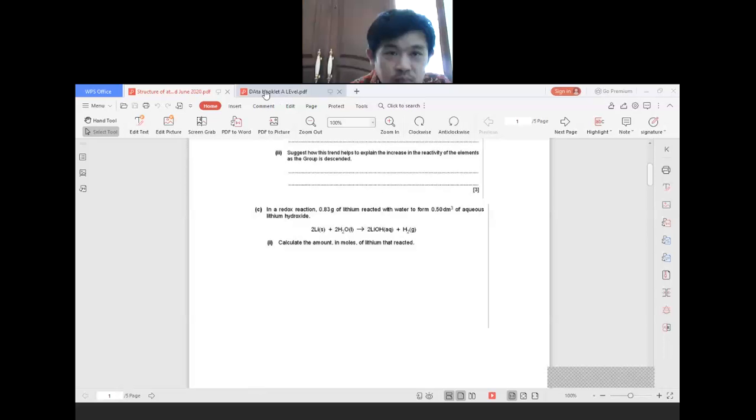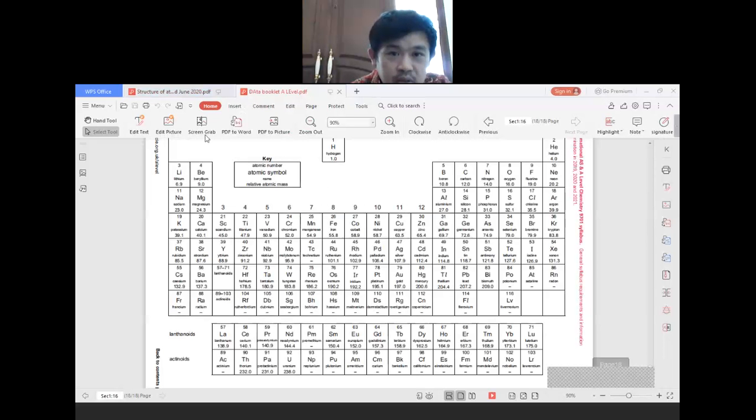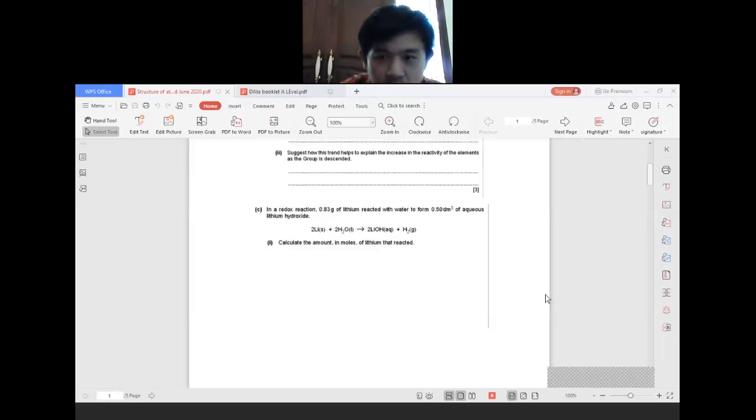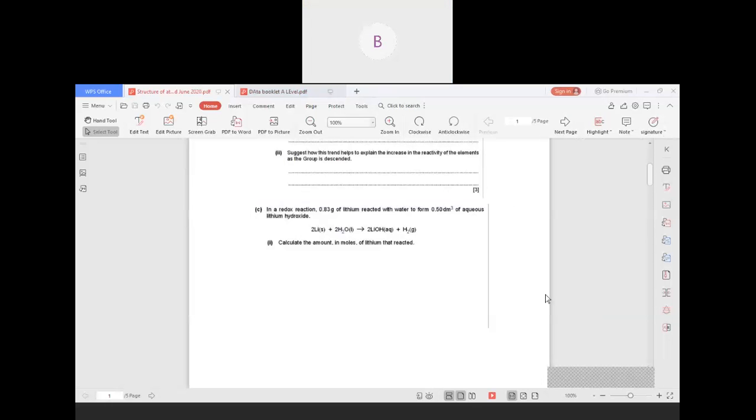Lithium is this one, on the data booklet. The relative atomic mass is 6.9. And then what's the amount of moles? 0.80 divided by 7, 0.119 mole.